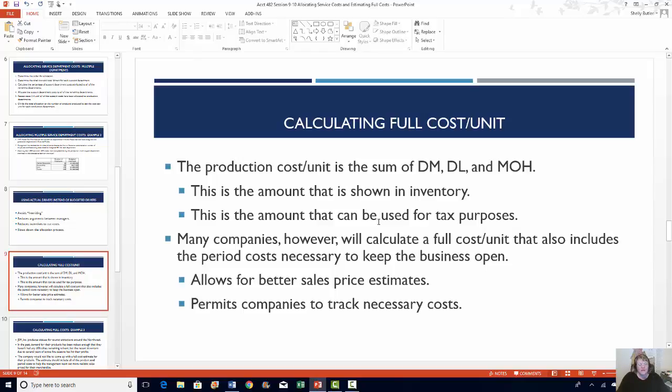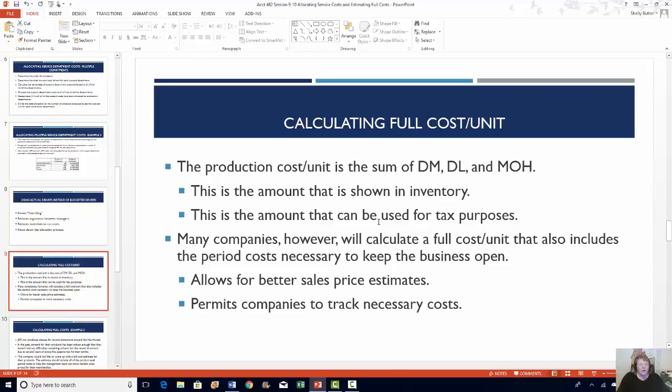Full cost per unit includes those service department costs. And those period costs are necessary to keep the business open because you need to pay for all of that when you sell your items so that you can cover all of your costs.